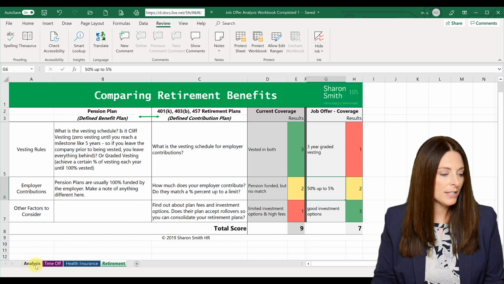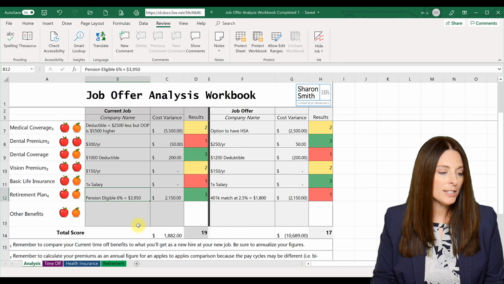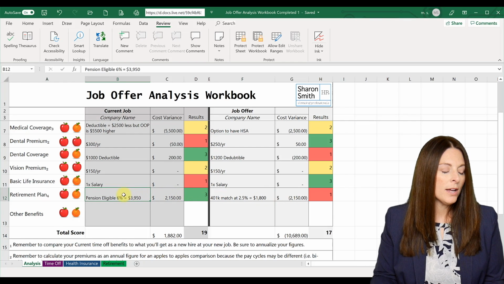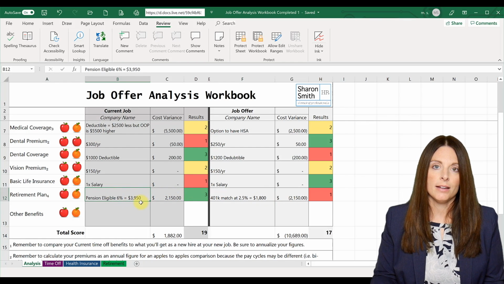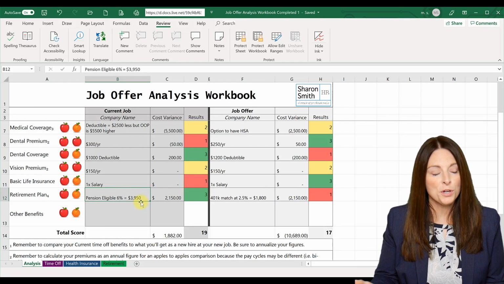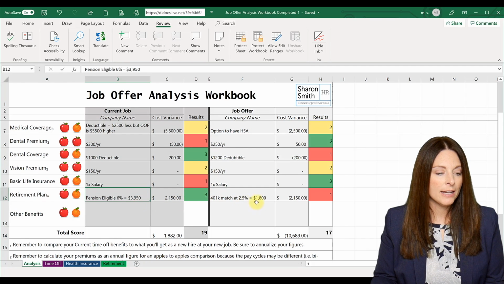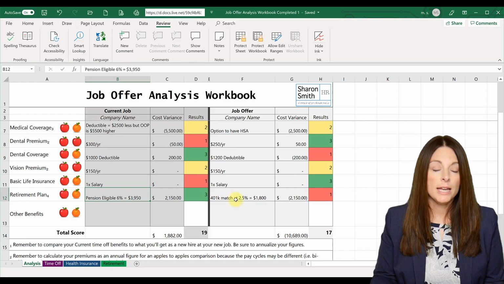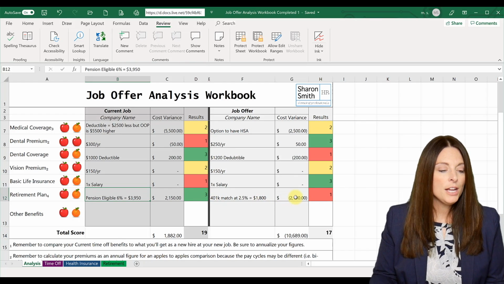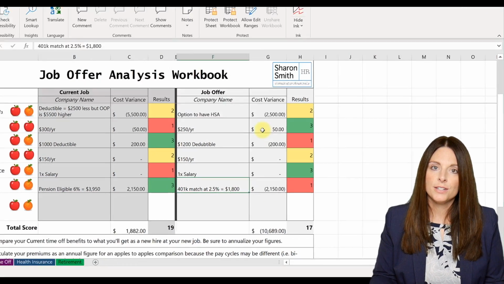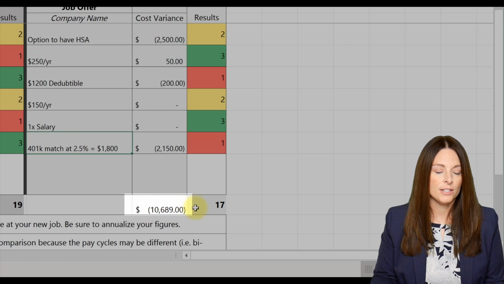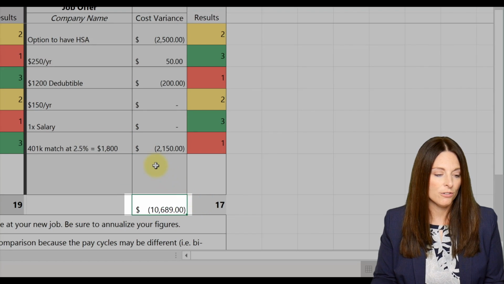So we came back over to the analysis tab and just plugged in the difference in the match compared to what the pension plan values for you as well. So here again, the job offer was a little less favorable, and I was able to put a value on that. So those are all the things that I used to come up with this roughly $10,000 figure.